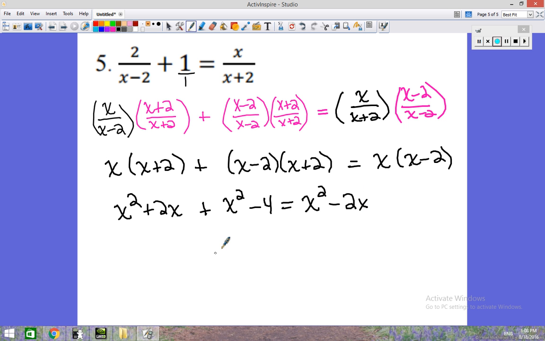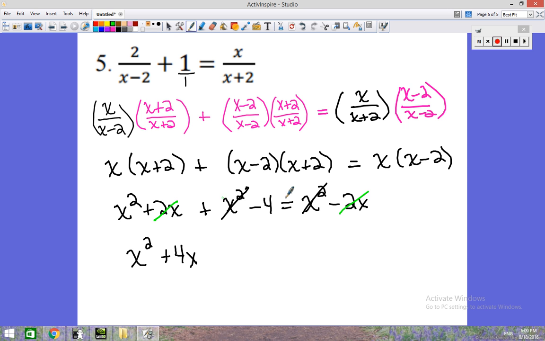So on the left-hand side, if I took away an x squared from each side, all I'm left with is an x squared on the left-hand side. If I add 2x to both sides, this becomes 4x. See, sometimes people will accidentally go, well, I've got a positive 2x and a negative 2x, they cancel.